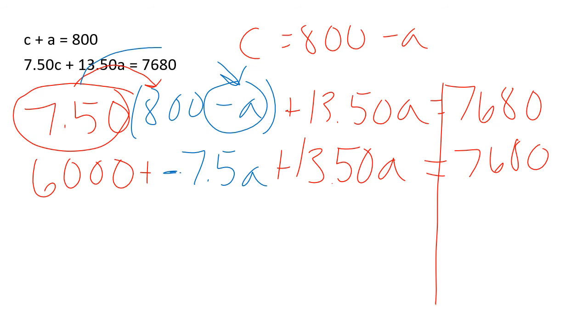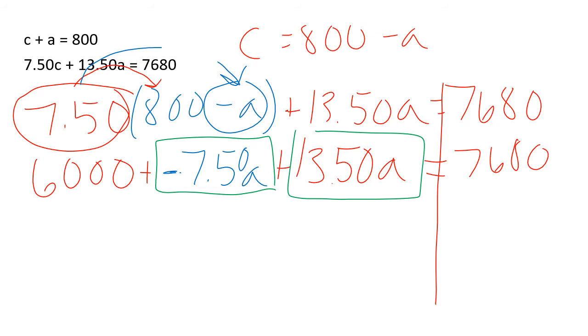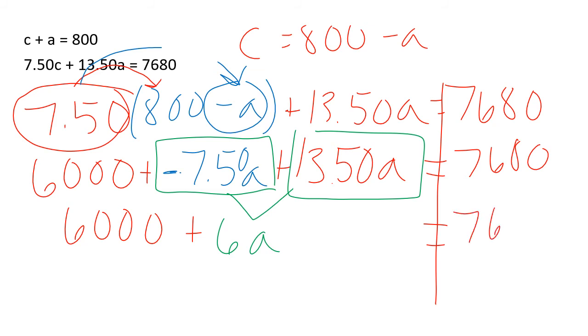I can see here that I have like terms: this negative 7.50A and a positive 13.50A, so I can combine those two. 13.5 minus 7.5 is going to be 6A. And then I'm going to bring down the 6,000, and it equals 7,680. And now I just have a basic two-step equation.